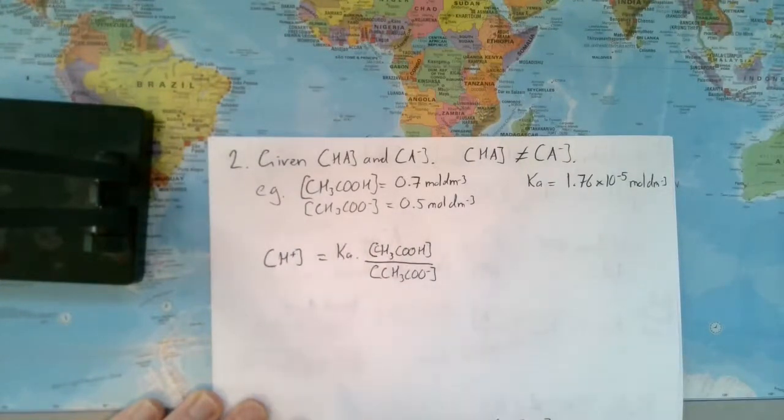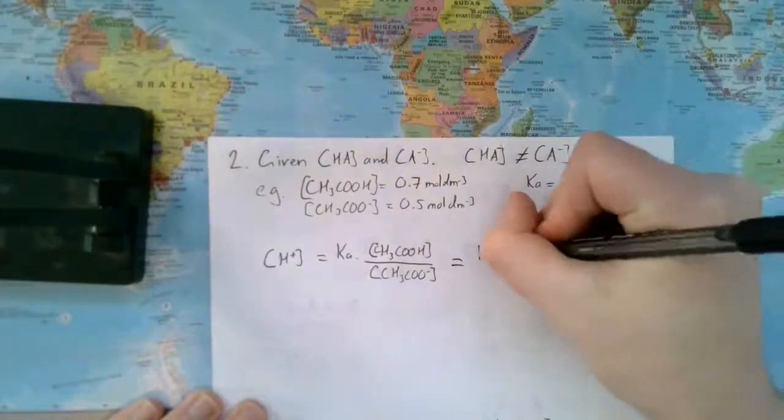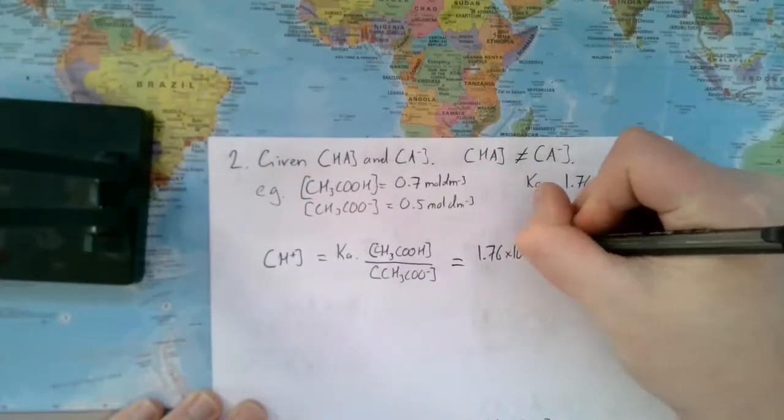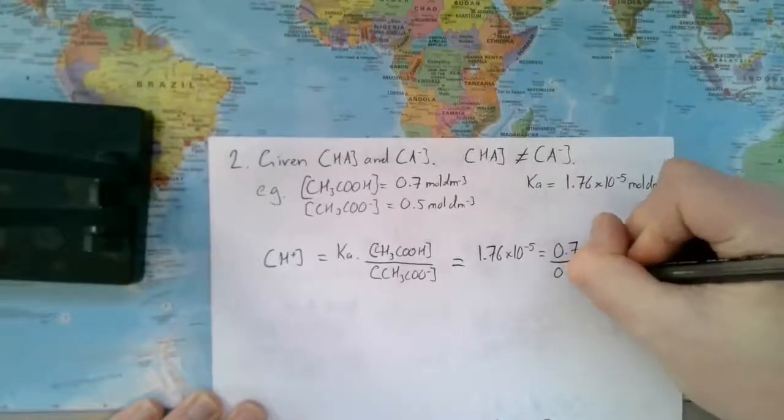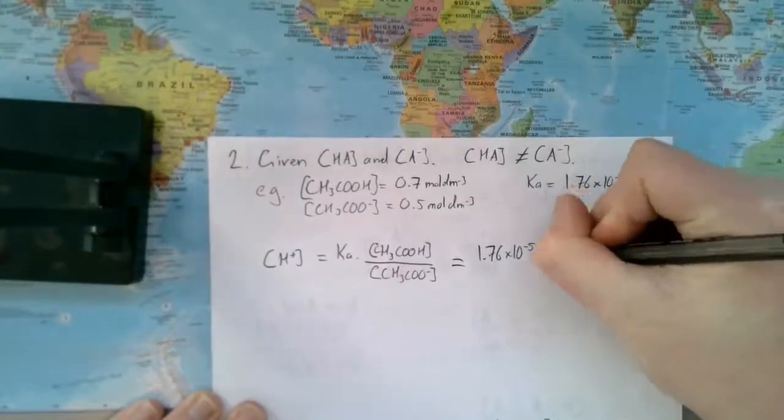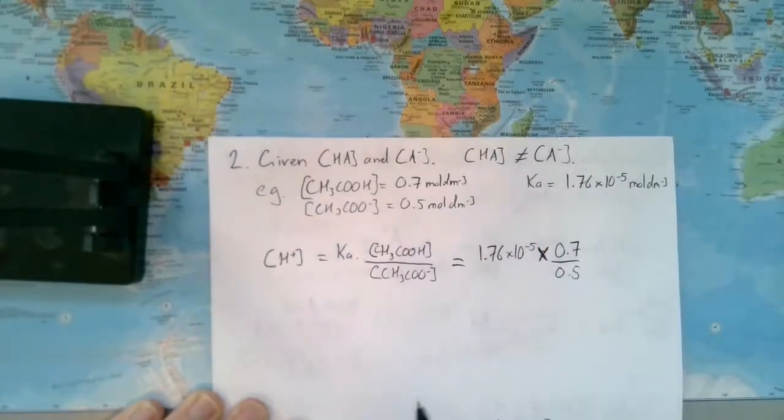We're going to use the same equation again. Right now, if you wish to pause and try this, please do so. So, assuming you paused, Ka, we're putting it in as given, and it's 0.7 divided by 0.5 times... my apologies there.